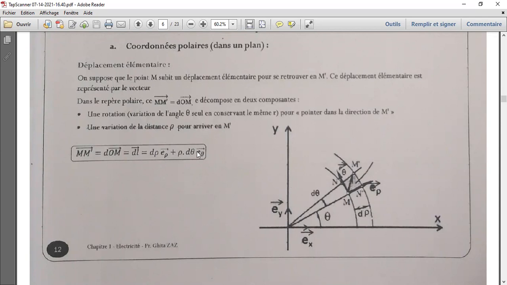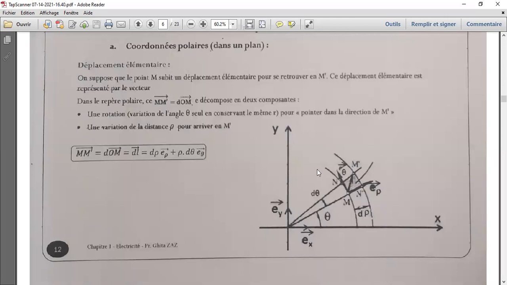So you see there's rho times what is changing? d theta. d theta, the differentiation of theta, means the angle is changing, times the vector of direction, which is in the direction of E theta. So this is where this formula comes in. This formula is the movement of M.